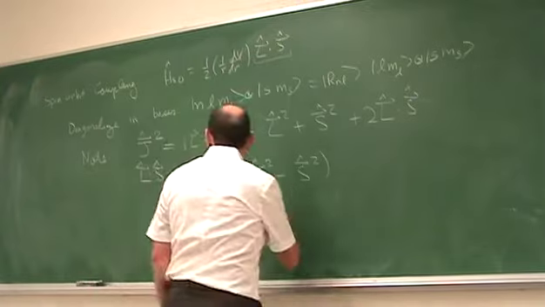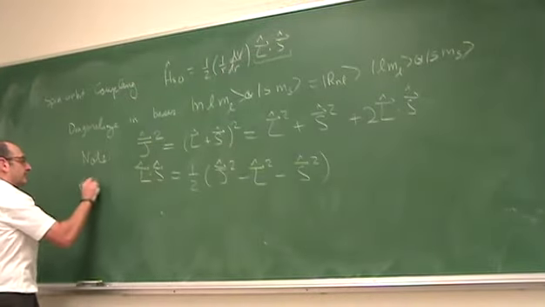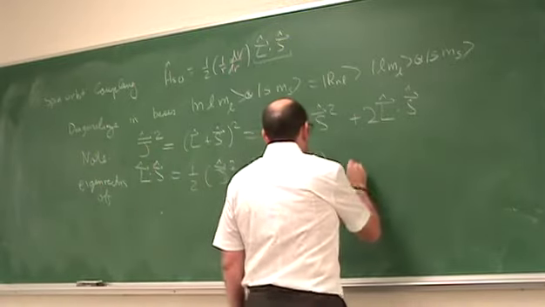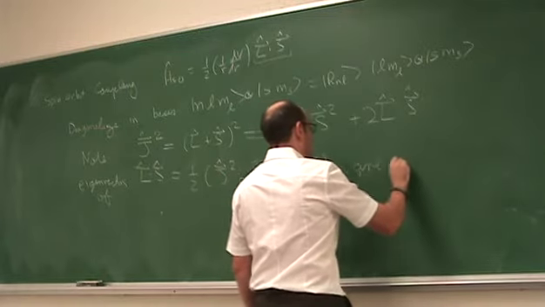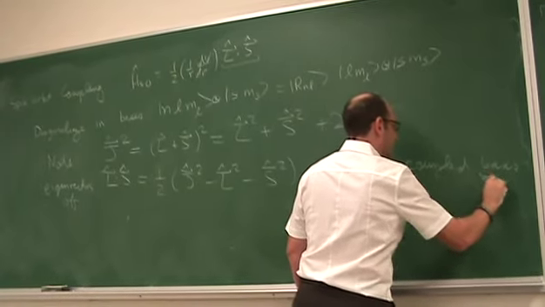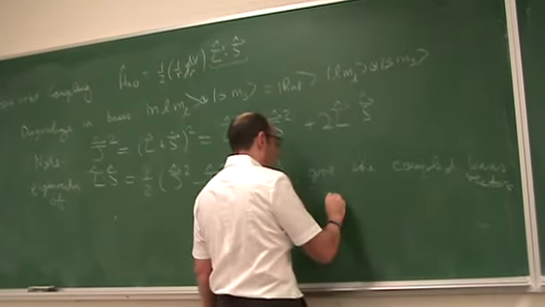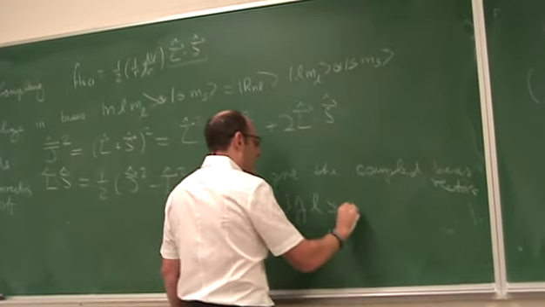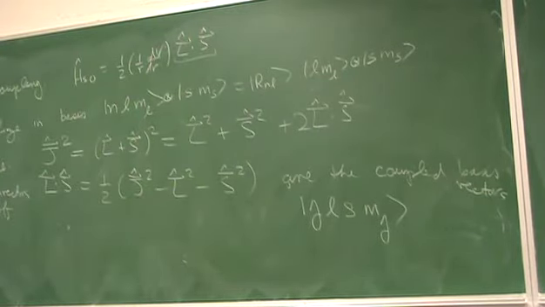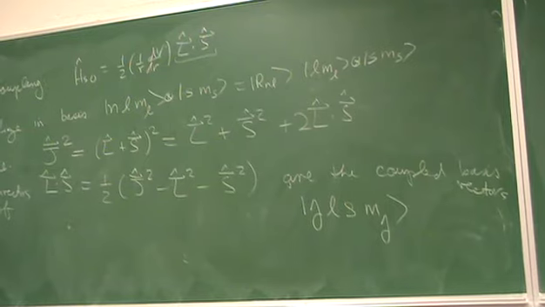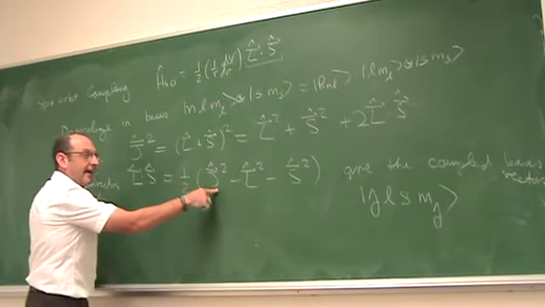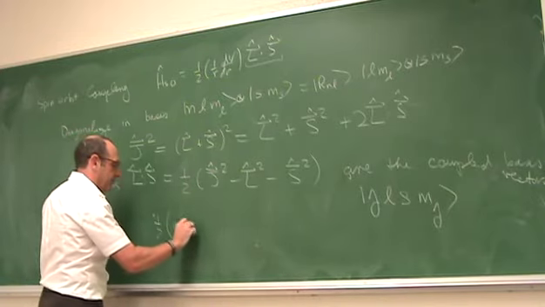So the eigenvectors of L dot S are the coupled basis vectors, the vectors with good quantum numbers J, L, S, and Mj. And what are the eigenvalues? Well, the eigenvalue of J squared is j(j+1).